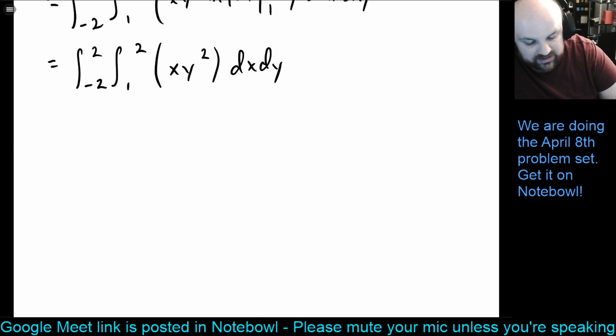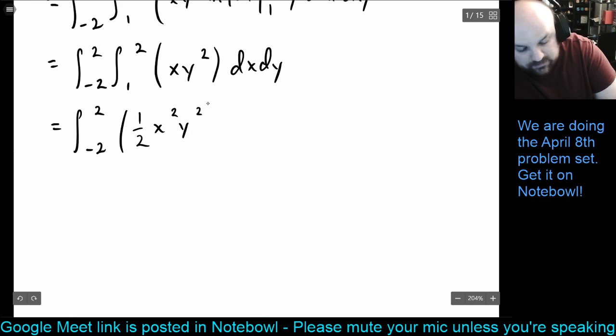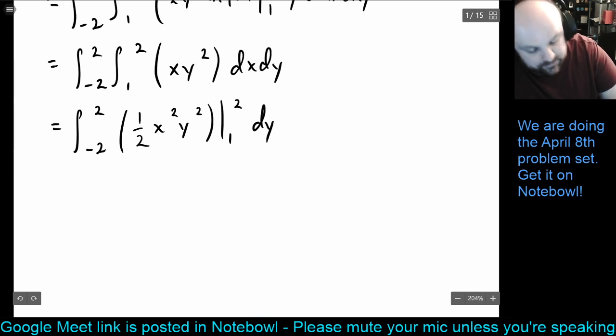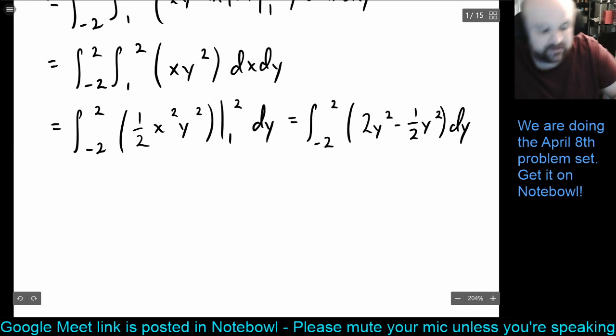All right, so let's go ahead and integrate that. We're going to go from -2 to 2. We're integrating with respect to x, so this is 1/2 x squared y squared from 1 to 2 dy. So we get the integral from -2 to 2. Got to plug in this stuff now. The first one's going to give us 2y squared. Second one is -1/2 y squared dy. All right, just plugging in 2 and 1.